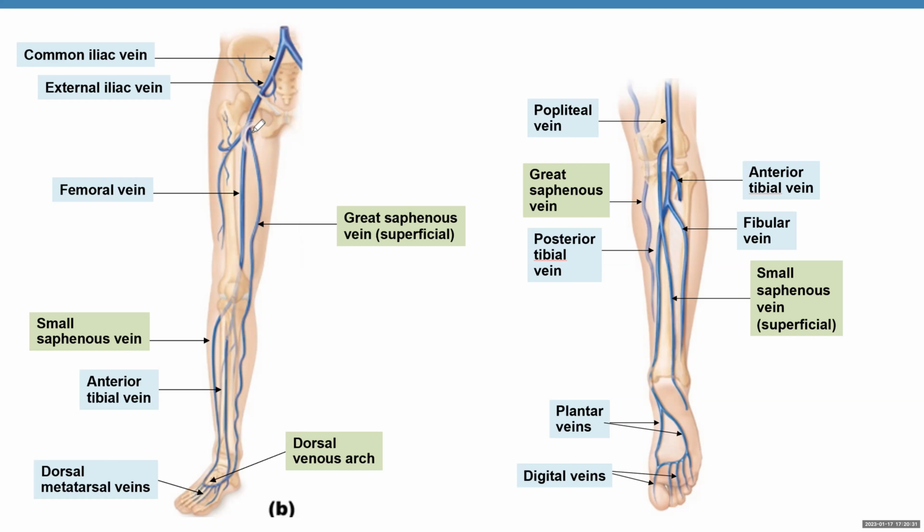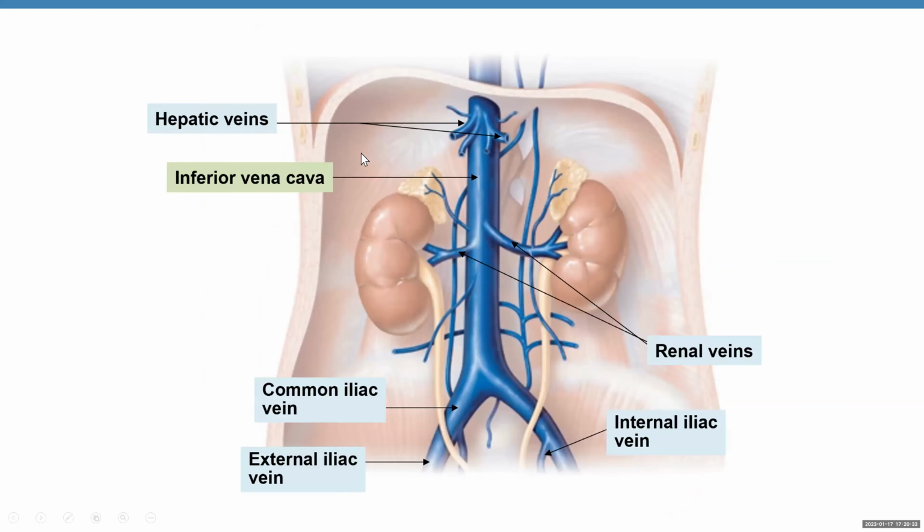Right, okay. Sorry again for this confusion with veins and arteries. Now we're going to collect blood, right, from our femoral vein into external iliac and internal iliac. So internal iliac, you collect blood from the pelvic region. They bring blood to common iliac vein.